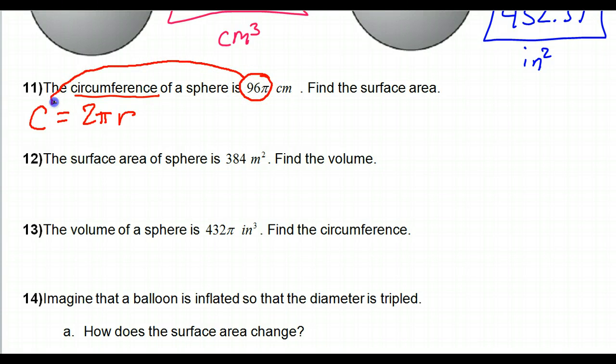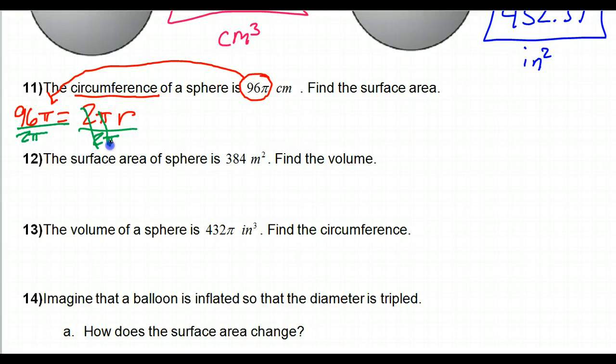So if I take this and I put it in for circumference, then this is going to become 96 pi equals 2 pi r. So I'm going to get this radius, and then I'll use that to find whatever I want, like surface area. To get this radius, I will need to divide both sides by 2 pi, like so.